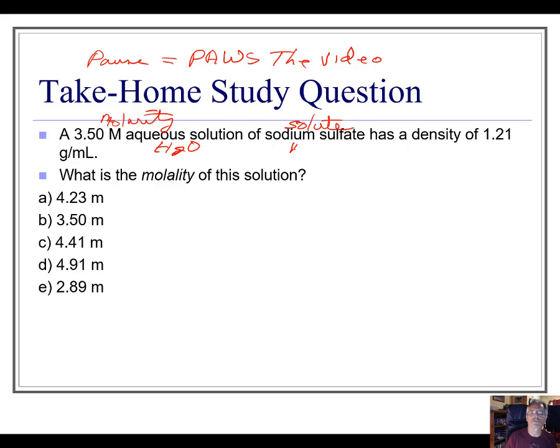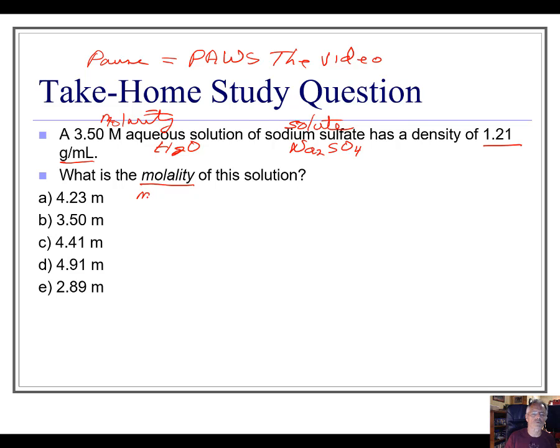Our formula is Na2SO4. We need 2 plus 1 sodium cations for 1 minus 2 sulfate anion, and it has a density of 1.21 grams per milliliter, which means we're going to have to convert from volume to mass, using the density as our conversion factor. And what is the molality of the solution?